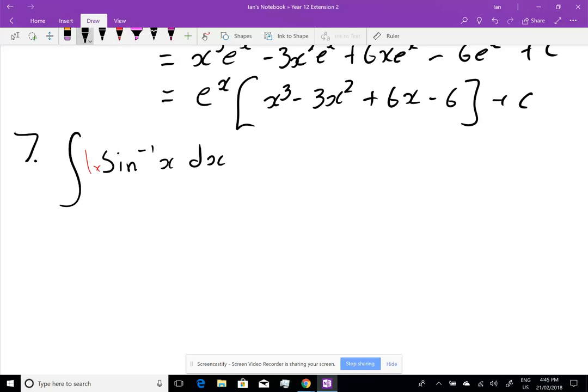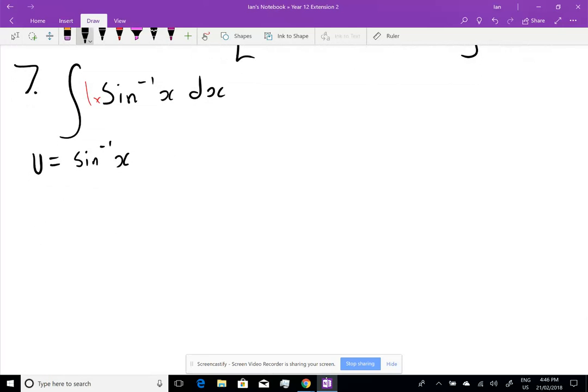So, u equals inverse sine of x. Now, on your reference sheet, you get the derivative. And it's 1 on the square root of 1 minus x squared. Now, dv dx equals 1. You put that in there, so v equals x.